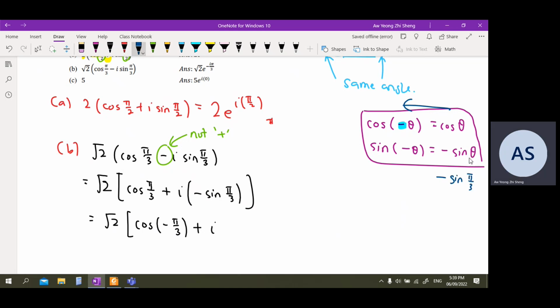If I take theta to be pi over 3, then this must be the same as sine of minus pi over 3. So I go from right to left, and I write this as sine of minus pi over 3, close and close and close.